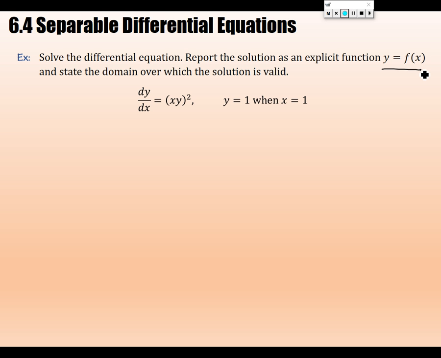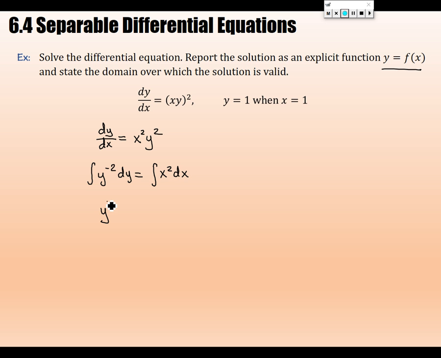What will we do first there? Well, we can race through the details of this. Really, the end of this problem is the interesting part to me. So that's x squared, y squared, of course. We'll be integrating y to the negative 2 dy equals the integral of x squared dx. So far, so good.